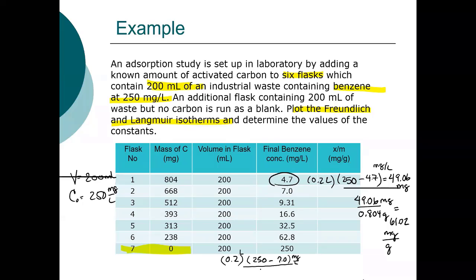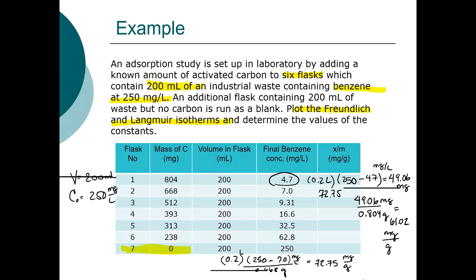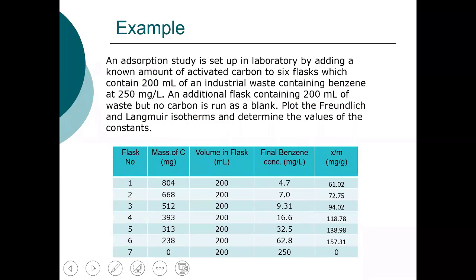We'll divide that by 0.668 grams, and that is 72.75 milligrams of benzene per gram of activated carbon. Similar sets of calculations here, and we would have 94.02, and that's milligrams per gram. And we have that here.